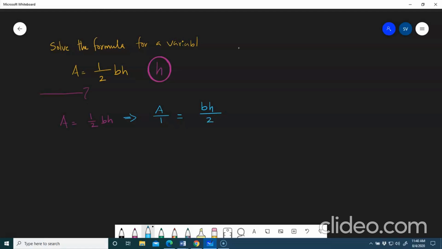So now look, both sides have a denominator and both sides have a numerator. So now I will cross multiply. A times 2 is 2a.